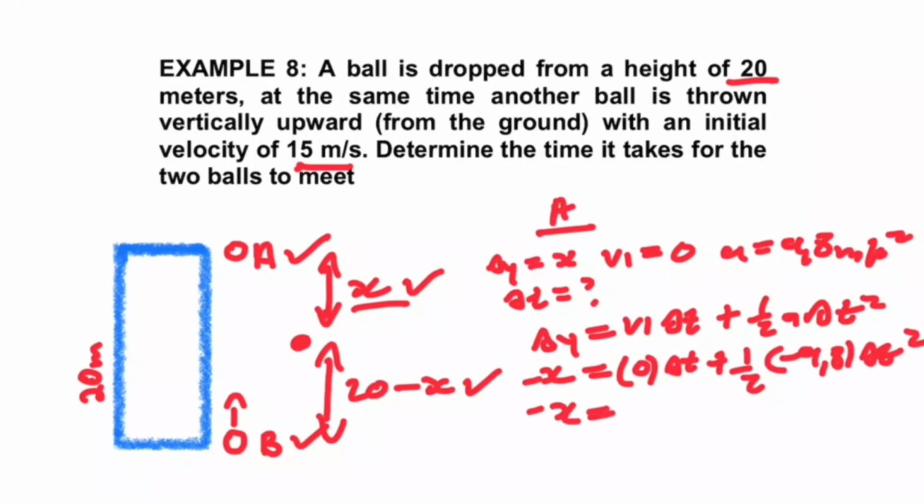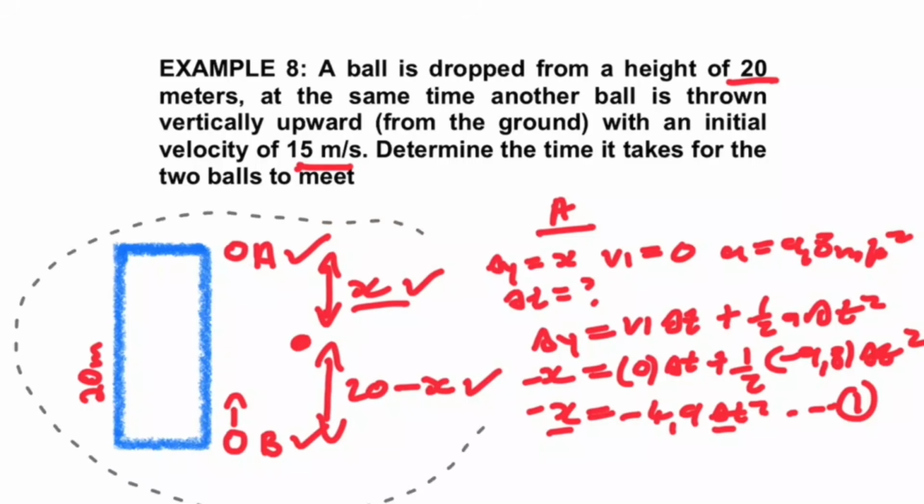Minus x will be equal to 0 multiplied by delta t, that will be 0, and then a half multiplied by minus 9.8, that is minus 4.9 delta t squared. We have 2 variables, x and delta t. So let's call this equation 1 and use ball B to find equation 2.